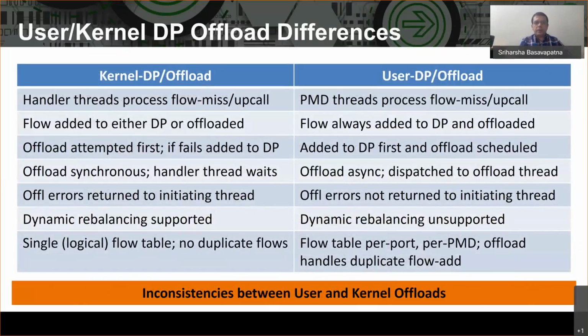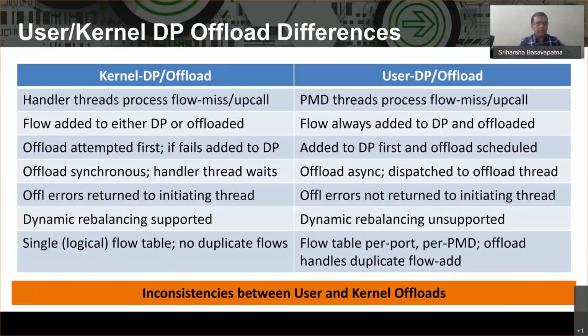The flow is added to either the kernel data path or, if it is offloaded, in the case of kernel mode. In user mode, the flow is always added to the data path and it's also offloaded. The offload is attempted first in kernel mode. If it fails, we go to the DP. In user mode, it's added to DP first and the offload is scheduled.